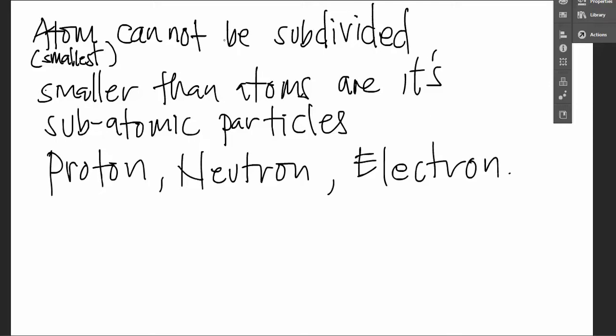So let's have a drawing or illustration that shows that an atom is a subdivided particle of a molecule or matter that makes up a piece of matter. So let us draw first.